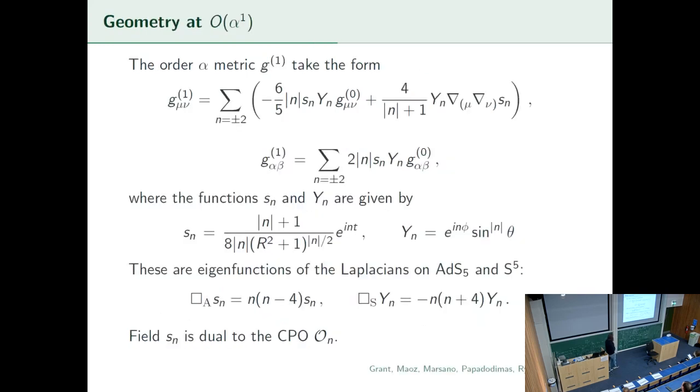Luckily for us, this work has been done already, and such a transformation was found. What's important is that both the metric and the form can be written in terms of the fluctuations, or in terms of two fields, s_n and Y_n, which are the eigenfunctions of the scalar Laplacians on AdS5 and S5, respectively. These 5-dimensional fields s_n are precisely dual to the chiral primary operators O_n that I showed you before.